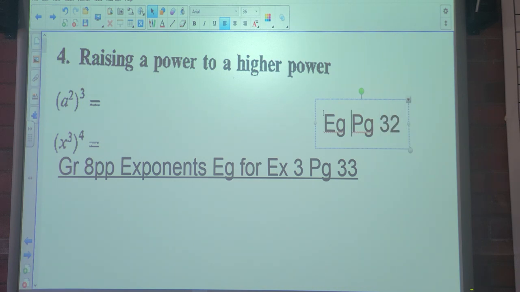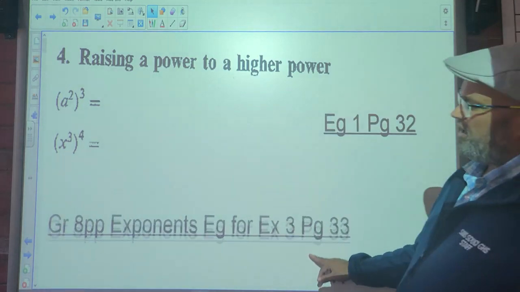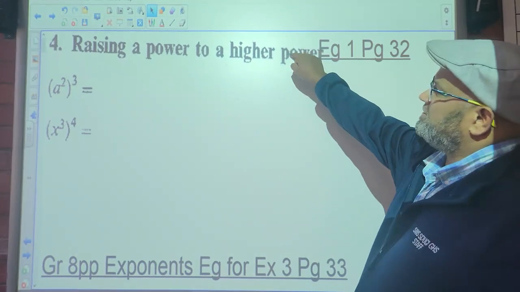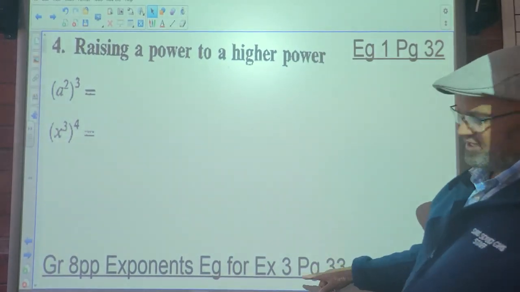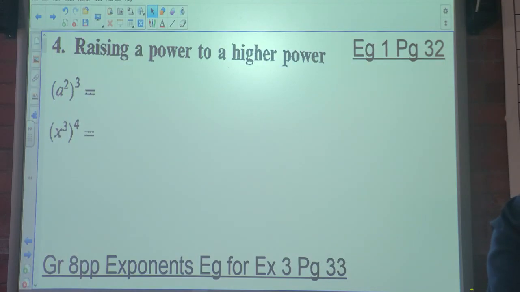Now this set, labeled example 1, deals with the first part of exercise 3. Exercise 3 is divided into 3 parts. Raising a power to a higher power is the heading for today, and then we'll have removing the brackets.